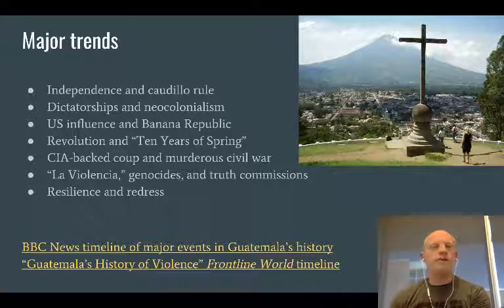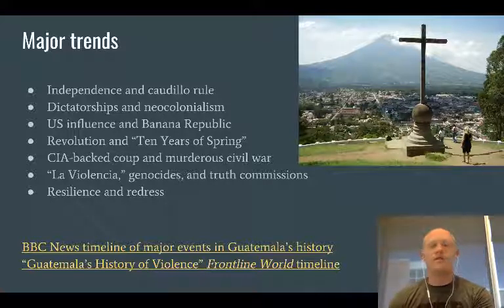In 1944, there was a revolution, and after that, a decade of a democratic system in Guatemala for the first time in its history. That has been called the 10 Years of Spring by some observers, so we'll look at that. In 1954, that all came to an end with the CIA-backed coup that ushered in a murderous civil war, which lasted for over 36 years.